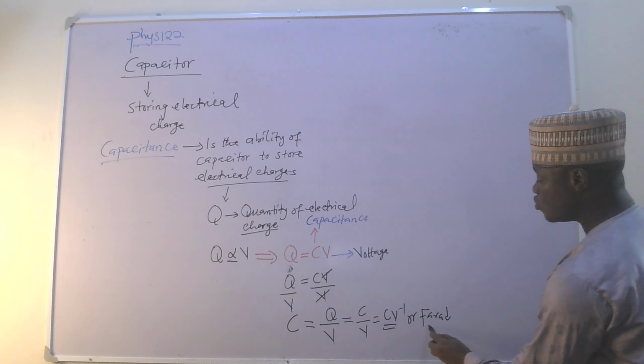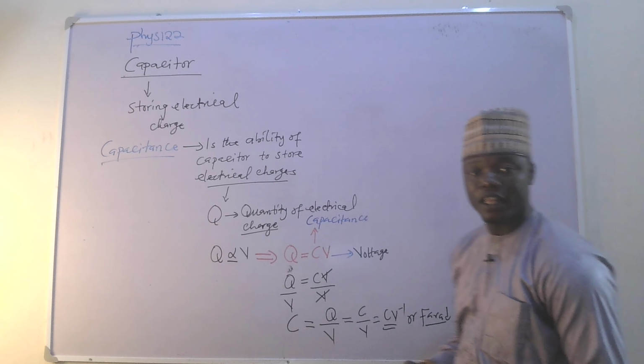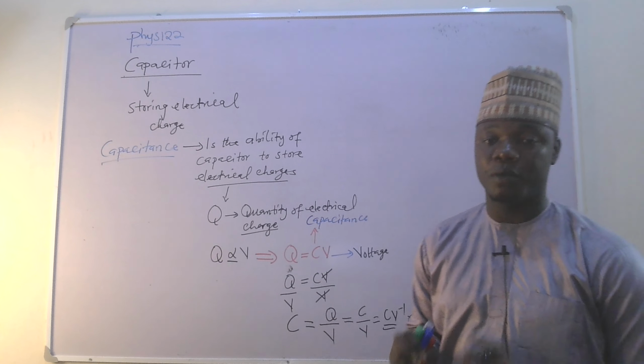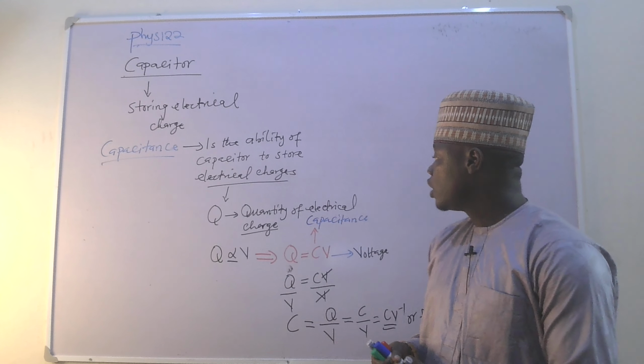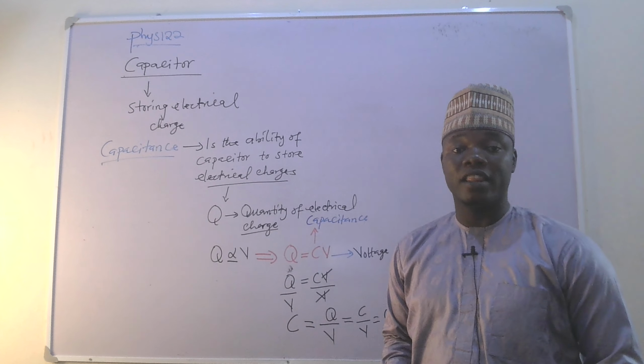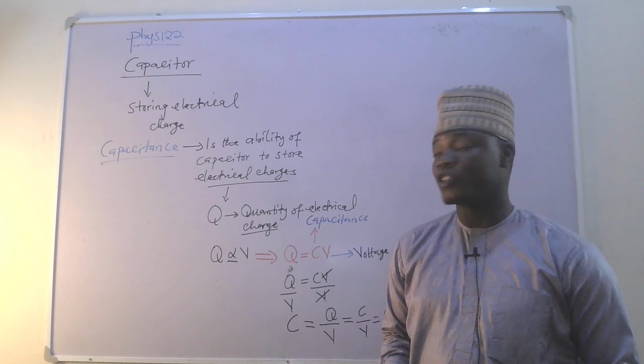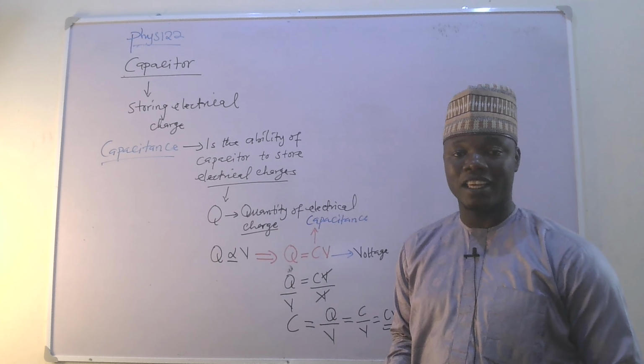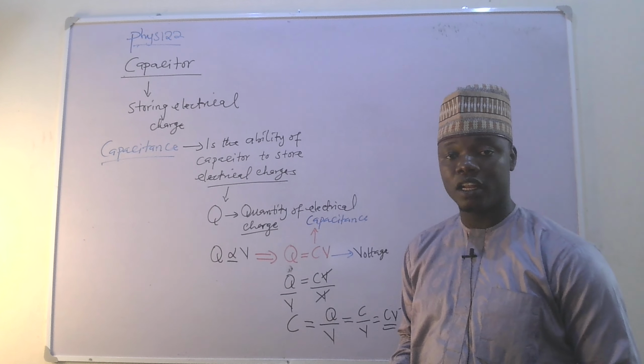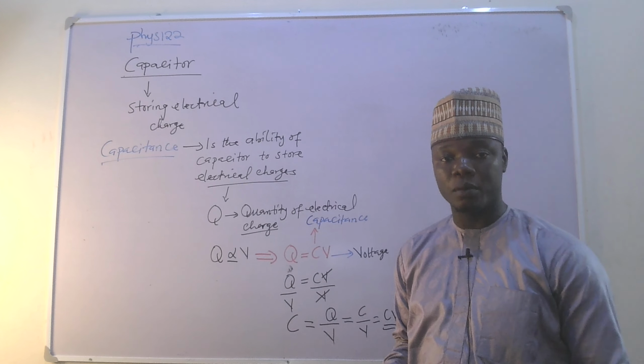These are the units used in measuring the capacitance of a capacitor. It is also very important to know that there is what we call the capacitance of a parallel plate.